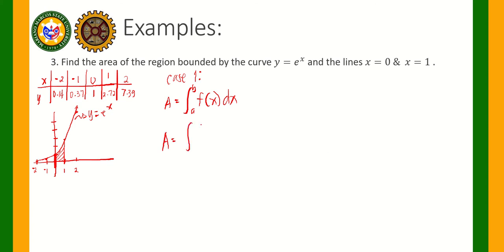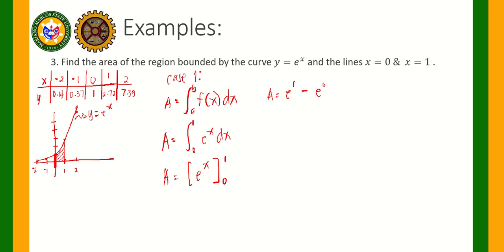This is equal to the integral of our function e raised to x dx, limits from 0 to 1. The integral of e raised to x dx is e raised to x, limits from 0 to 1. We plug in the upper and lower limits: e raised to 1, the upper limit, minus e raised to 0, the lower limit.